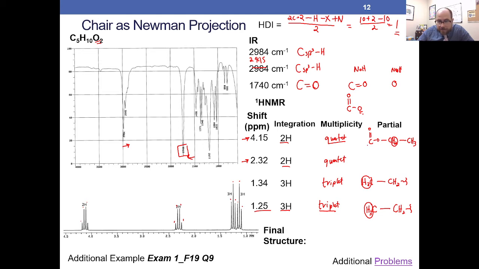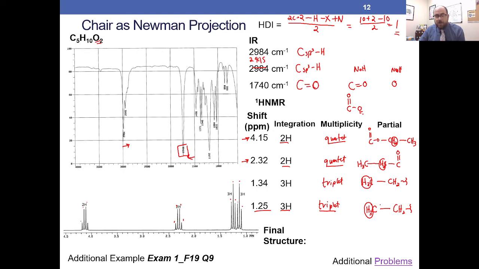So this is one side of the ester, the oxygen side. Now I have a fragment on the other side of my ester. If we think about the carbonyl, we're looking at the other side now, and now I have a CH2. Based on the integration, there are 2 hydrogens there, and we know that that's going to be attached to a CH3, again based on the multiplicity of a quartet. It sees 3 hydrogens on the left-hand side, and sees no hydrogens at the carbonyl position.